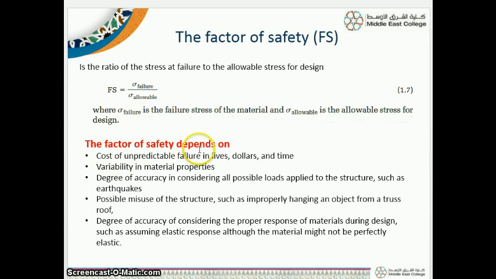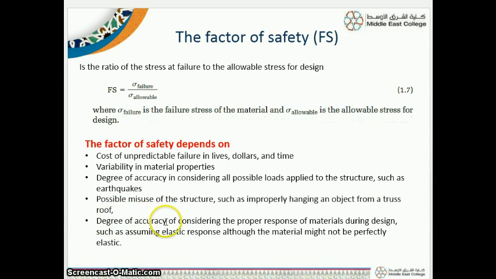So the factor of safety depends on the cost of unpredictable failure in lives, dollars and time. So money and time. Variability in material properties. Degree of accuracy in considering all possible loads applied to the structure, such as earthquakes. Possible misuse of the structure, such as improperly hanging an object from a truss roof.